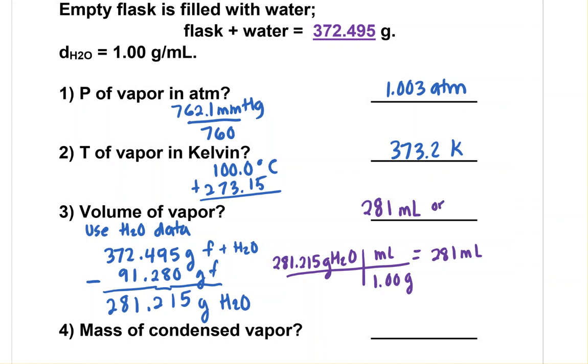But we're going to need the volume in liters, so let's go ahead and convert that to liters. That's just like a simple conversion like that. So the key here on this one, the volume of the vapor is equal to the volume of the water that's in. That's the tricky one.